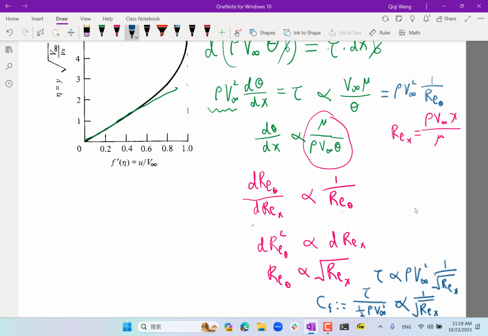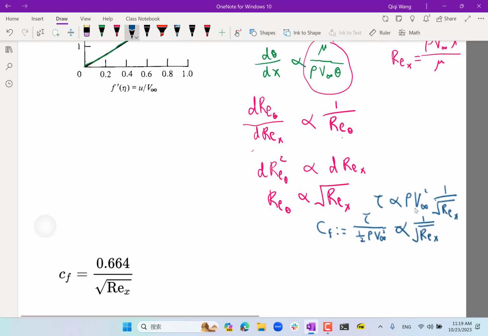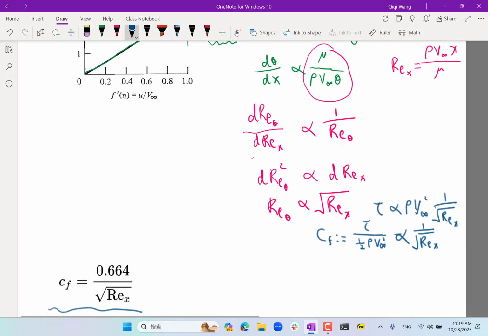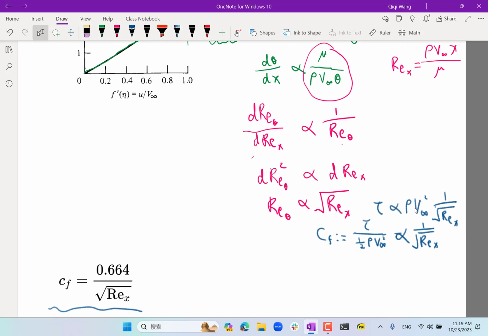Okay, so that's the derivation of how the skin friction changes as a function of Reynolds number with respect to x in laminar boundary layers. And if you work out the exact coefficients from the Blasius boundary layer solution, the skin friction coefficient is equal to about 0.66 divided by the square root of Re_x.